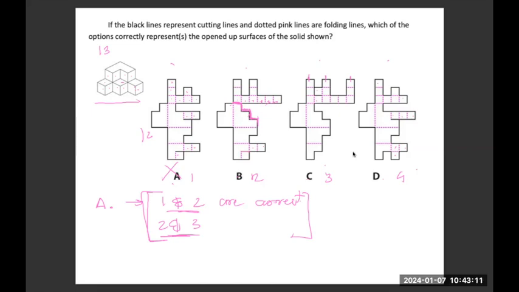So B is correct because every surface is covered, and the two other parts act as fillers on top. The remaining fillers, 1 and 2, will get accommodated by these three and then these two. So B is correct that way. Vishwa, correct answer. The next part.